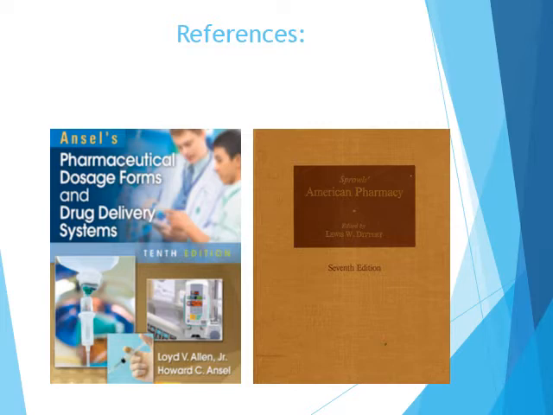And the second one is Remington's American Pharmacy by Loyd Allen. This is the 7th edition, while Ansel's is the 10th edition. You can use any edition basically, but these are the two references that I will use most commonly to cover the topics related to pharmaceutical technology 2.